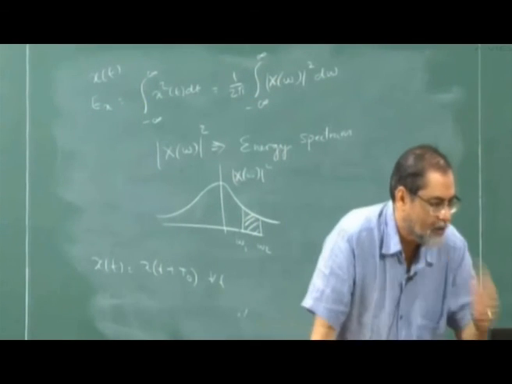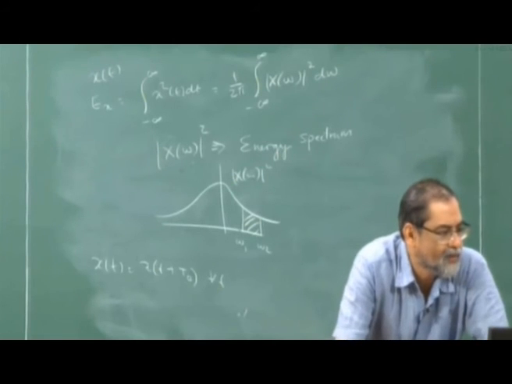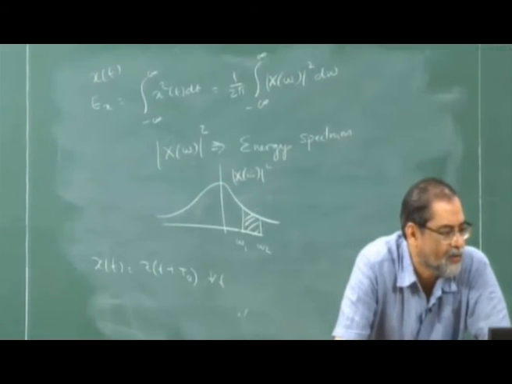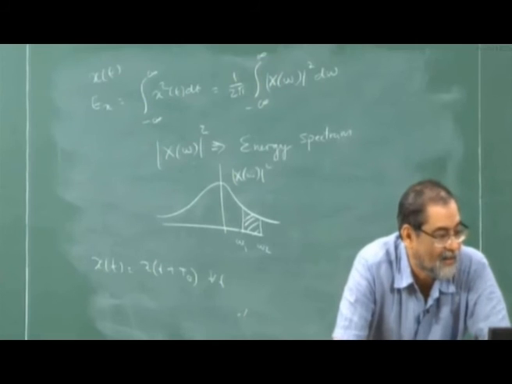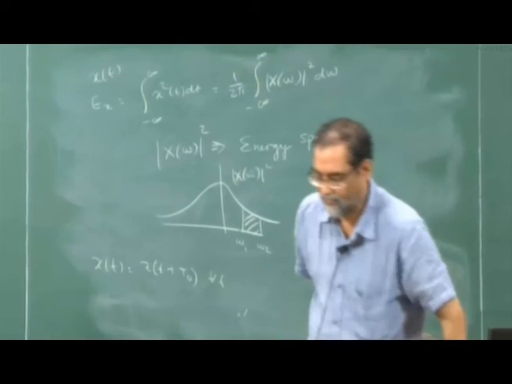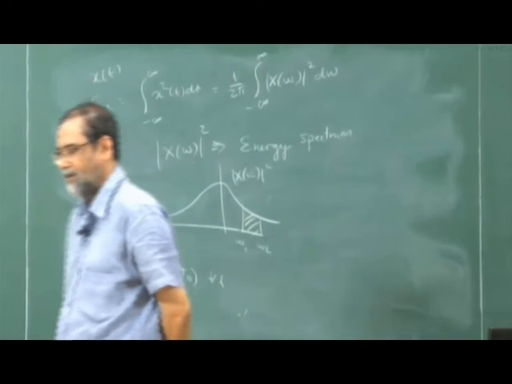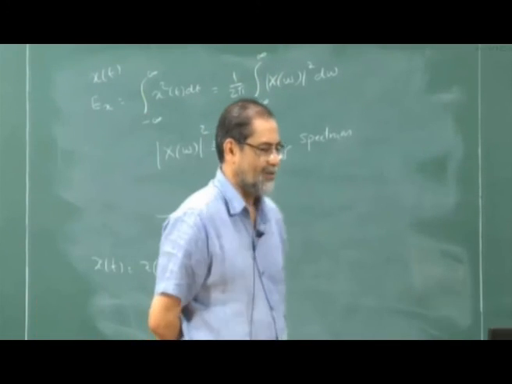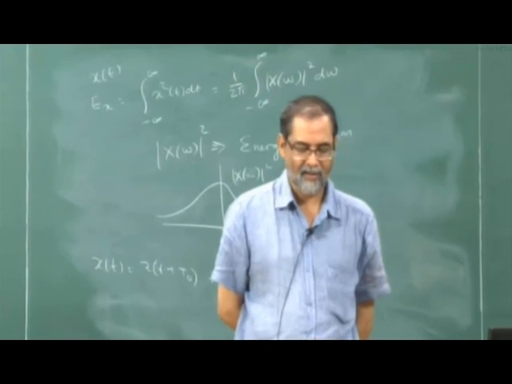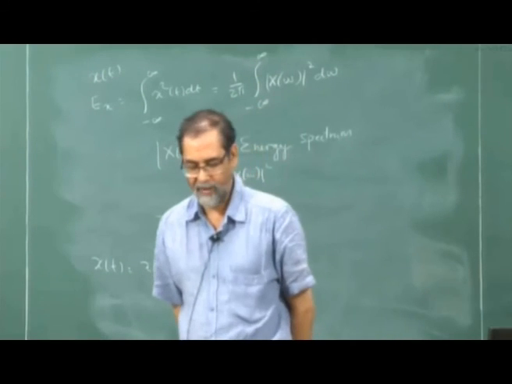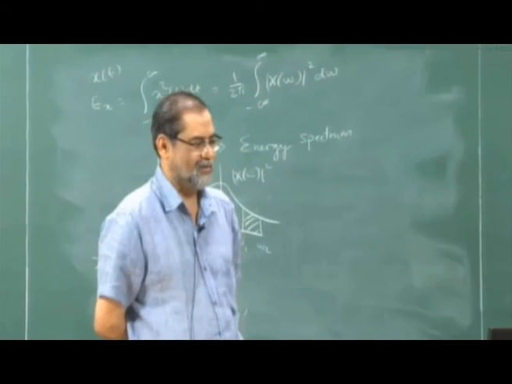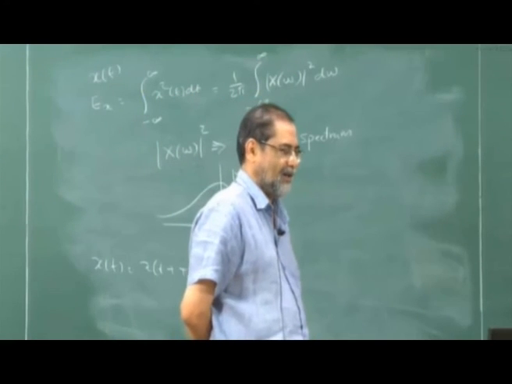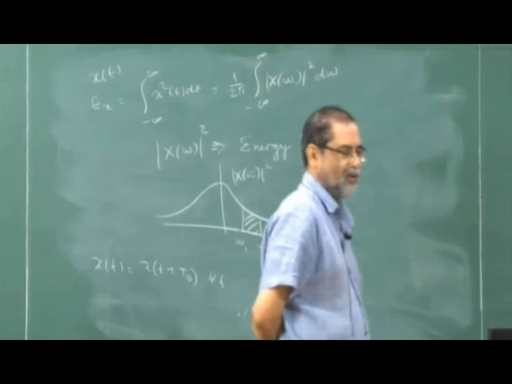Last question: if a signal x of t with frequency 5 kilohertz is convolved with cosine 5000 pi t, what is the sampling frequency of this signal? First of all, I don't like this convolution of two periodic signals. Remember, convolution is an improper integral, and if the signal lasts forever, that convolution is not defined. So that is not quite right. I don't want you to convolve two periodic signals.